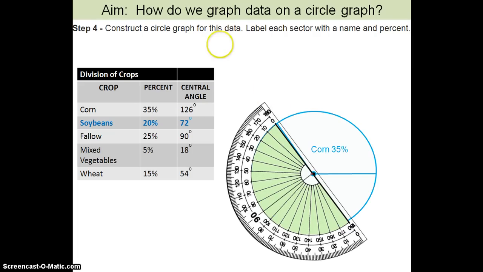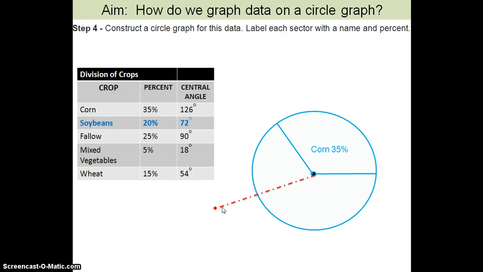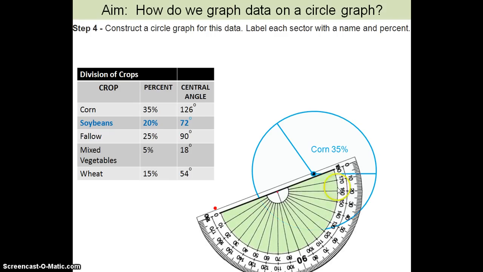So again, starting at 0, using the inside markers, we're going to go to 72 degrees. Using a pencil, we're going to put a mark on the outside of our circle to mark our spot. We're going to move the protractor around, use it as a straight edge, line it up with the center of the circle out to our marker and draw a line.